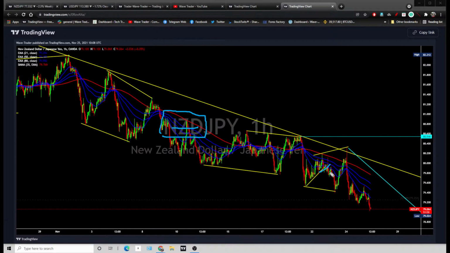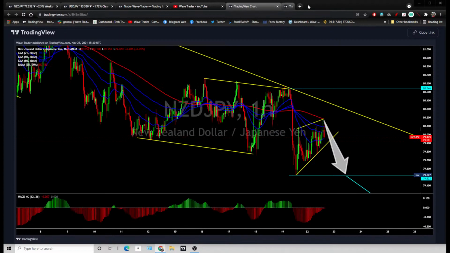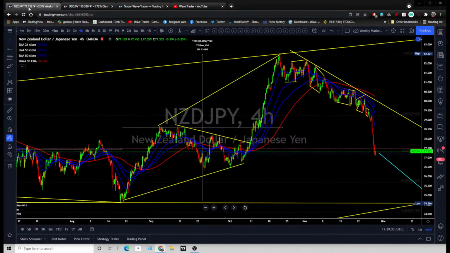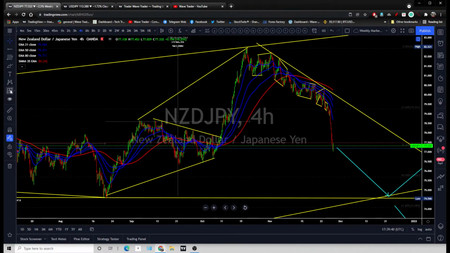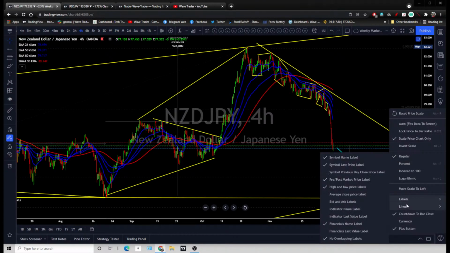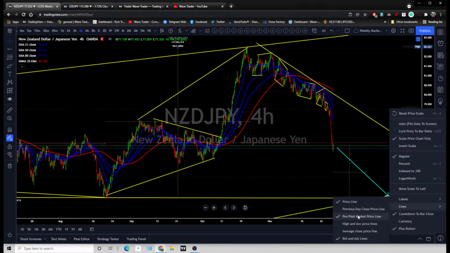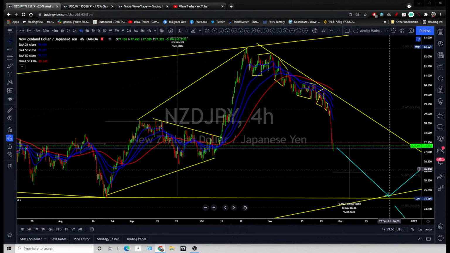It broke out, a slightly bigger correction, and boom, it just keeps dragging more lower. So do we have potential on this chart to catch? Yes, we do. We still have more potential on this chart. They can continue to keep dragging lower all the way back to that low. Let me remove that.